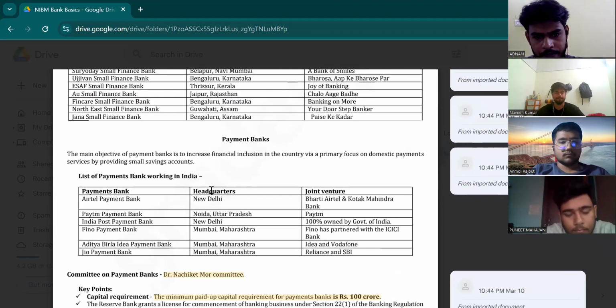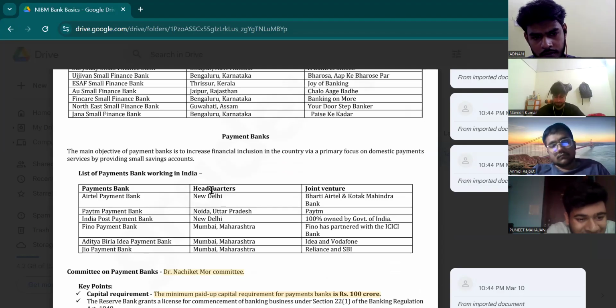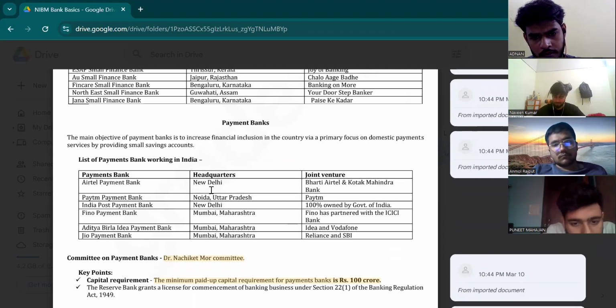Now the payments bank. What are payments banks? They are also increasing financial inclusion. How are they increasing it? They provide small savings accounts. You must be very familiar with Airtel Payments Bank, which is now operating. But they have also applied for a small finance bank license, as they have curtailed their eligibility.